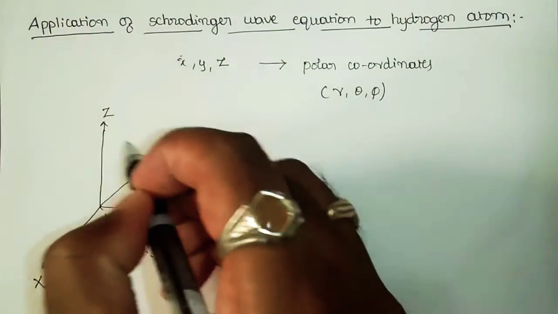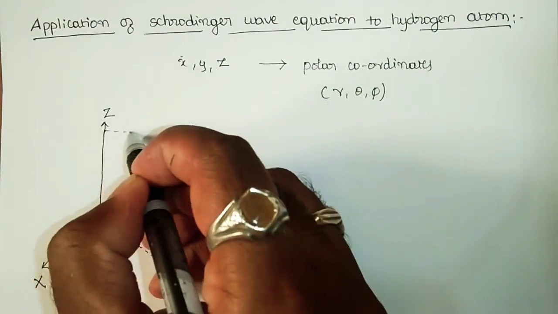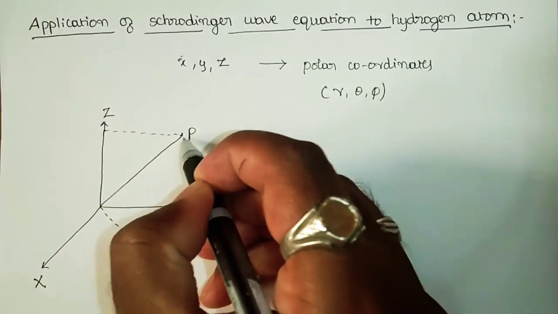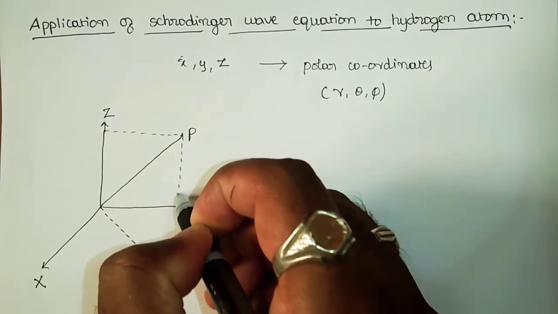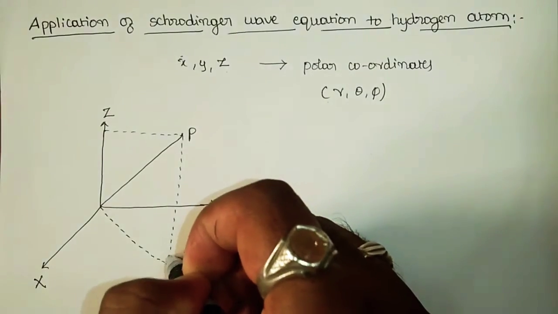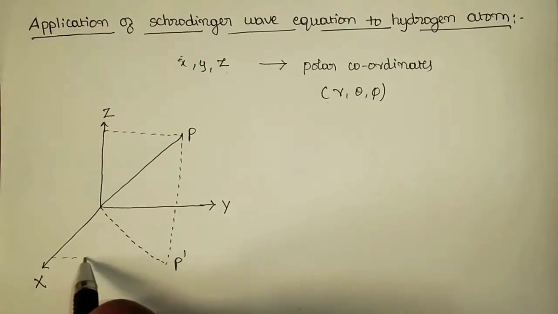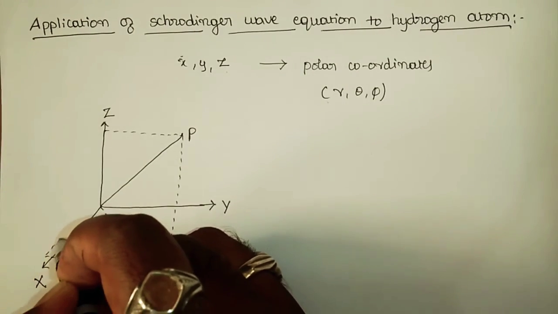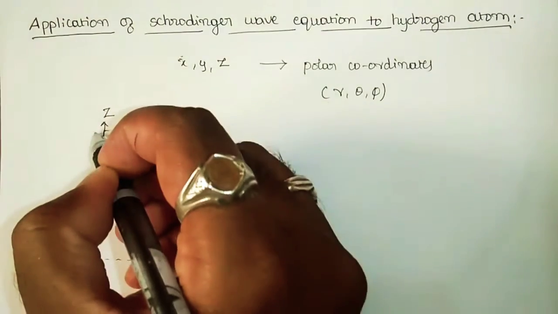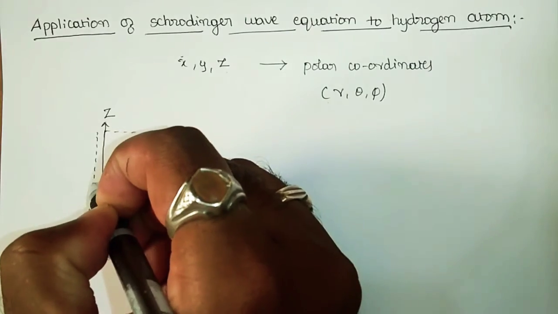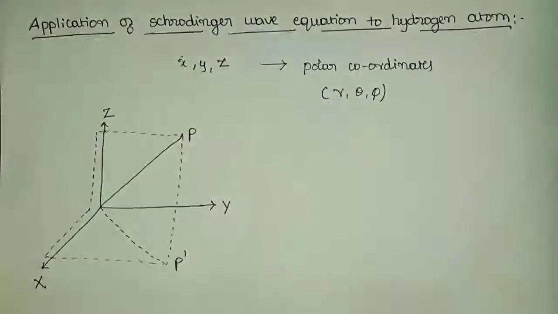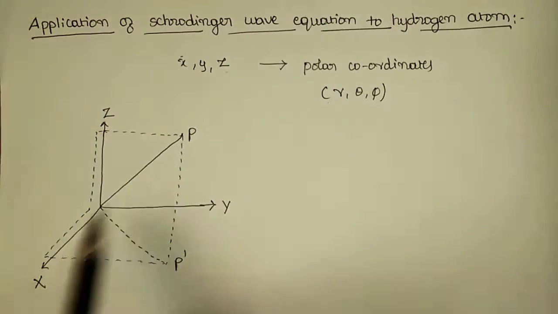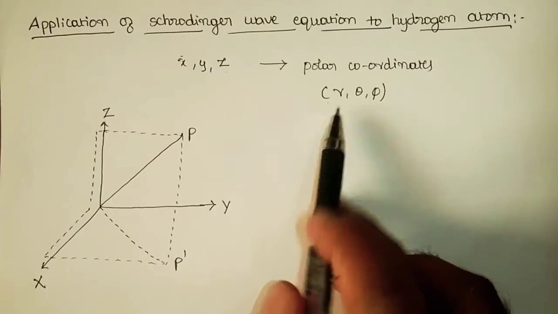Okay, so now we shall take the complete 3-dimensional coverage of the projection. So this is the pictorial presentation we need in order to understand the establishment of Cartesian coordinates into polar coordinates.